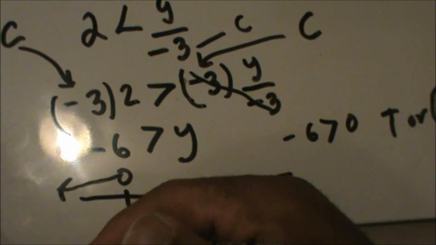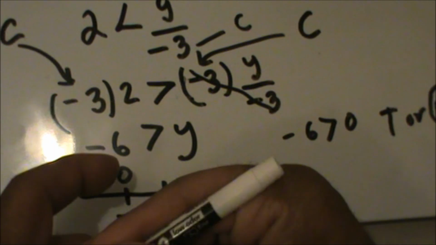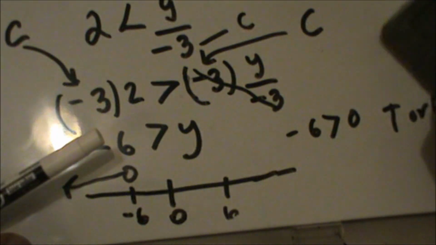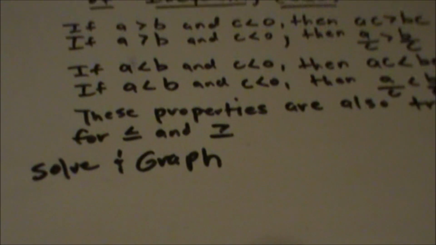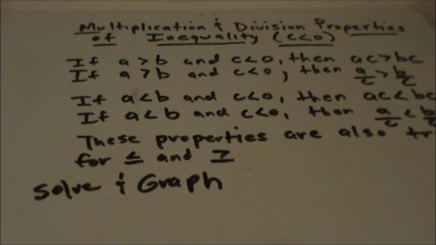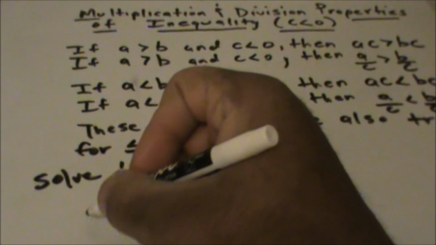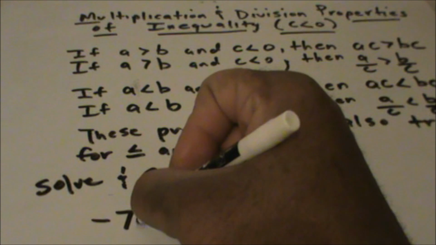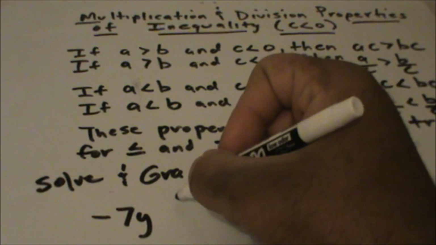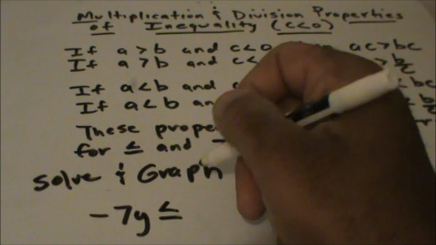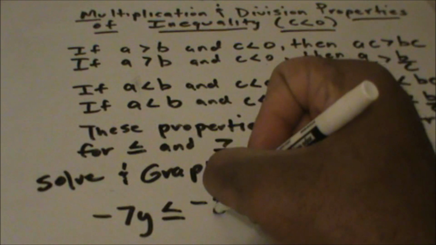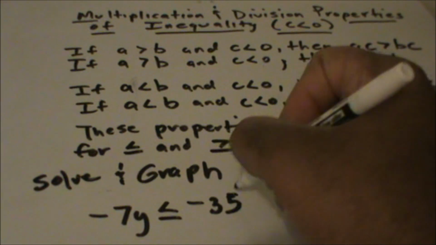All right, let's try another one. Let me erase this. Again, I love this board. My wife bought this for me. I'm going to set this down a little bit, and then we're going to do the next one. Negative 7y is less than or equal to negative 35.